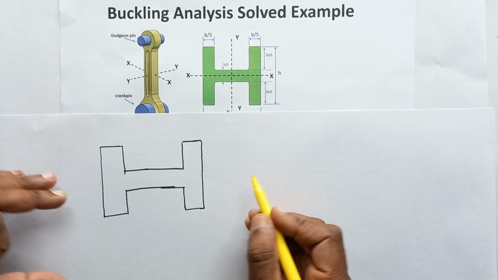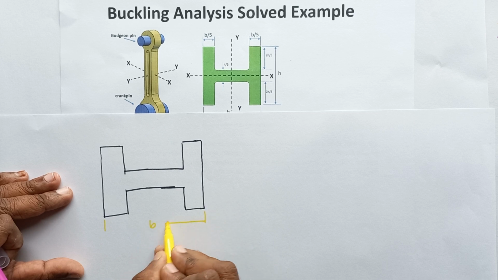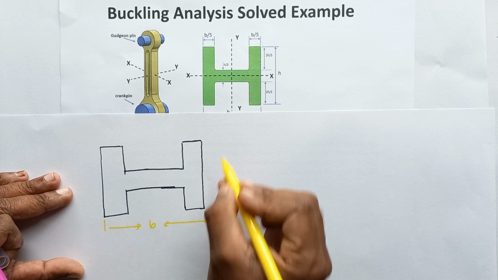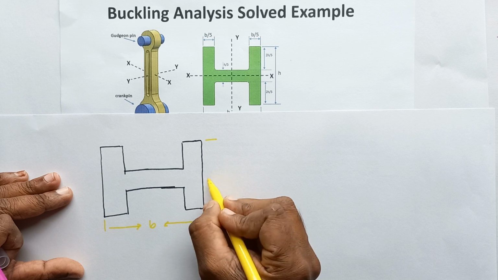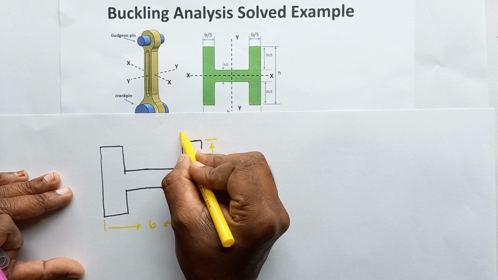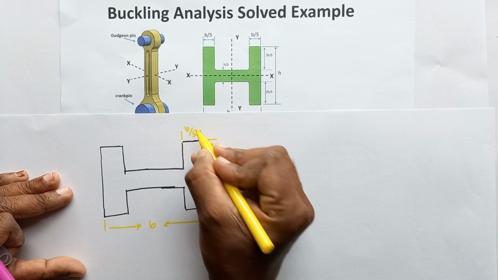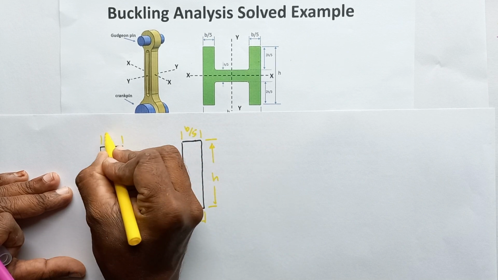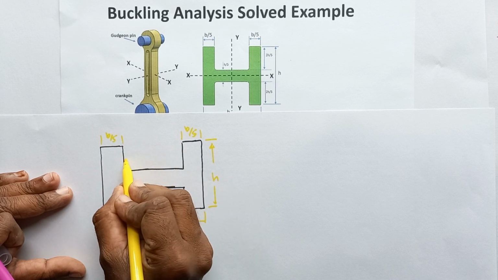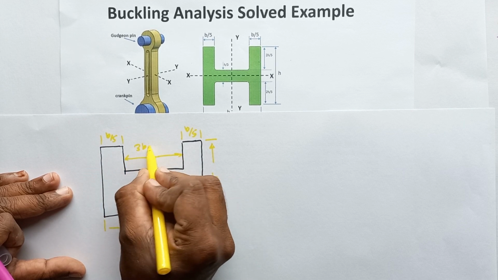This is the cross section given. This overall length is equal to B, height is equal to H, this thickness of the web is B divided by 5, this one also B divided by 5, so this length is equal to 3B divided by 5.